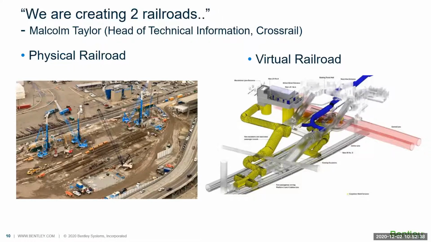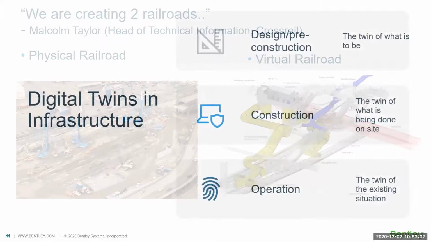Please imagine, this railway may be built in 20 years, but it will operate for another 50 to 100 years. So how can you manage it? You may need, on your right-hand side, your virtual railway to help you manage and record all the information, not only in construction but also in operation and maintenance. That's why in infrastructure now we need more digital twins.